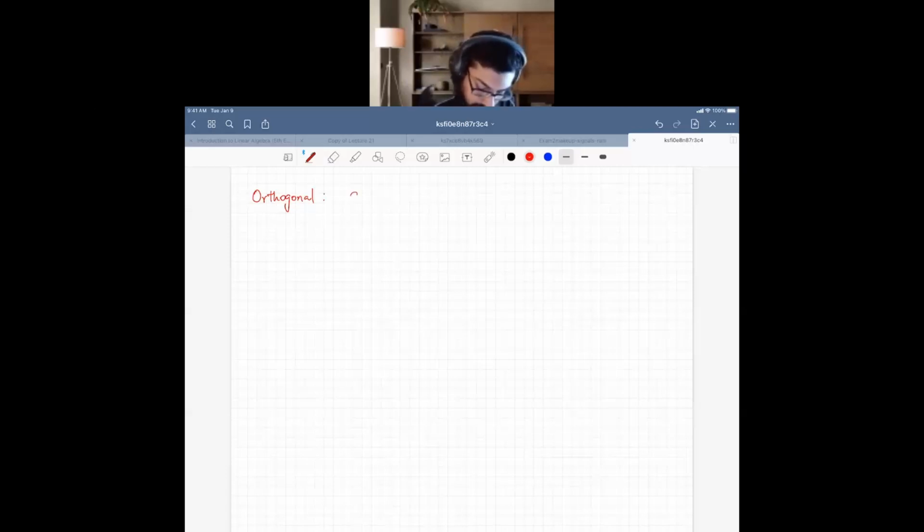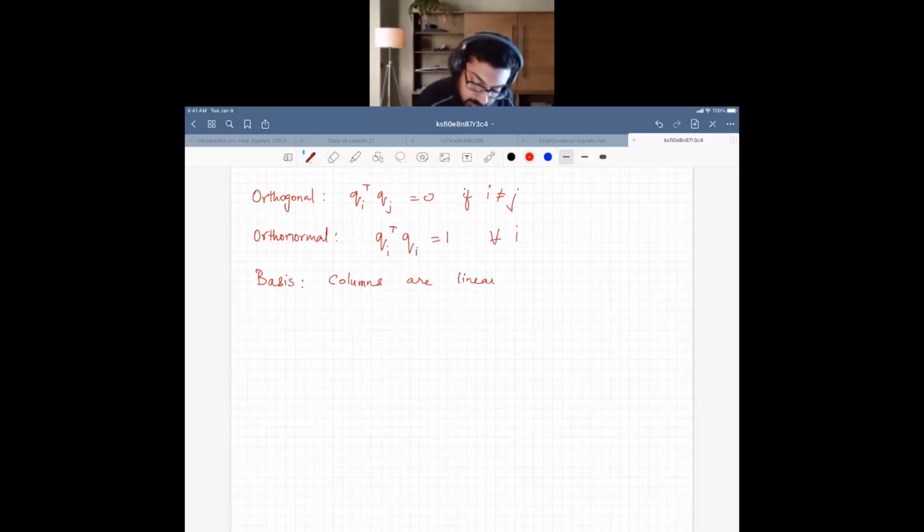Orthogonal because qi transpose qj equals 0 when i doesn't equal j, and orthonormal because qi transpose qi equals 1 for all i, and it is a basis because the columns are linearly independent, and we know that because Q is invertible. And its inverse is its transpose.